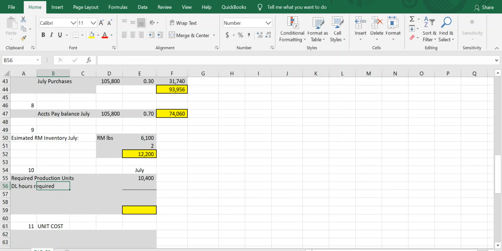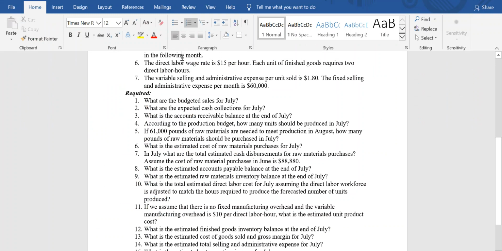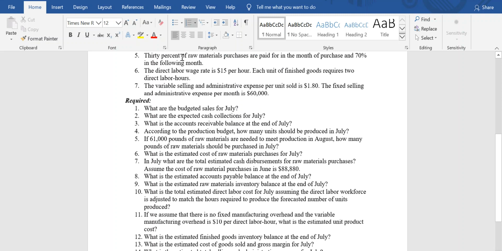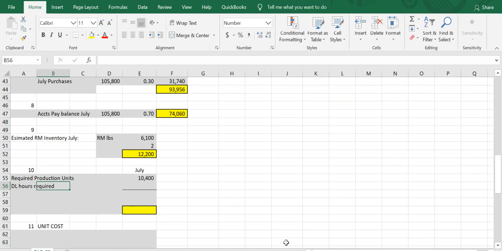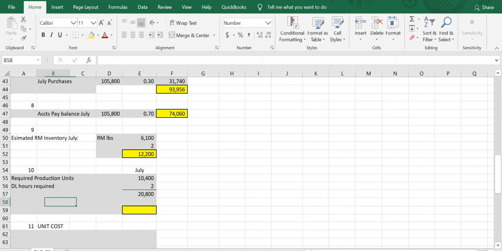Then we're going to have the direct labor hours required. If we go back to our document, we have number 6 up here. The direct labor wage rate is $15 an hour, and each unit of finished goods requires 2 direct labor hours. So we use that, and we have 2 hours for each unit. We're going to have a total of 20,800 hours. Those are the direct labor hours required for production.